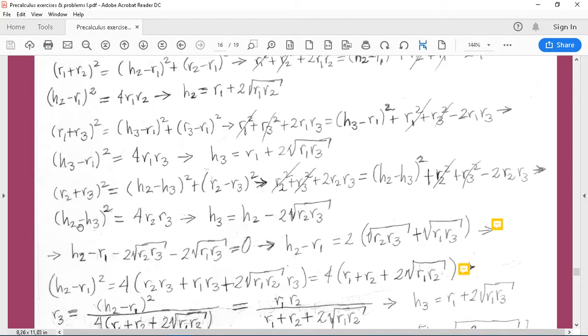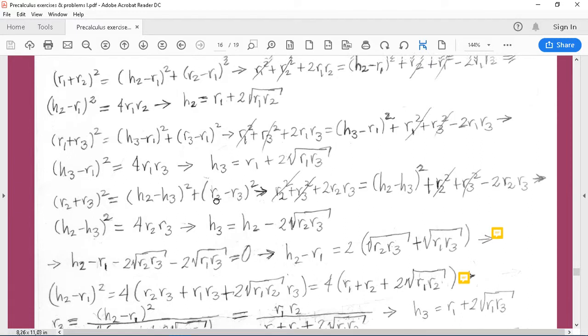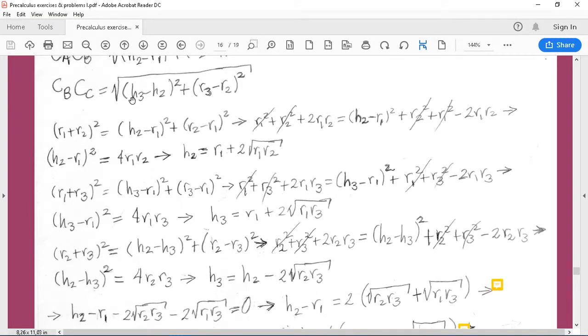In the same way, the square of R2 plus R3 equals the square of H3 minus H2 plus the square of R3 minus R2.